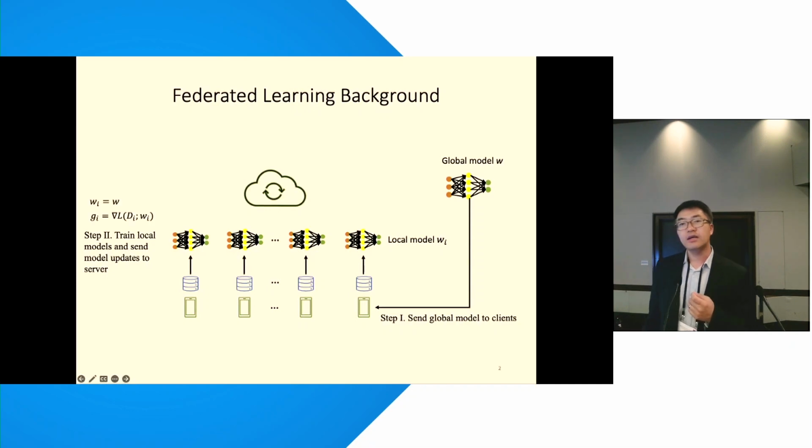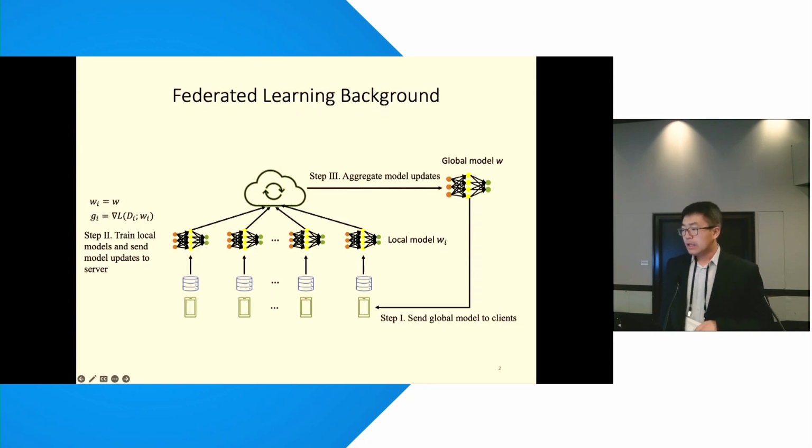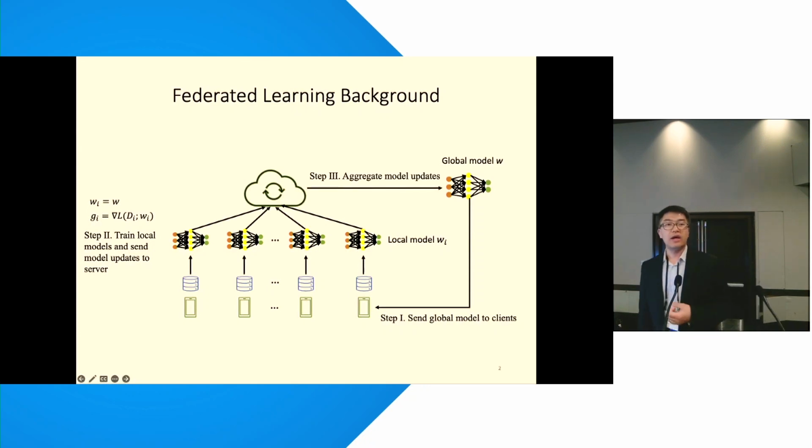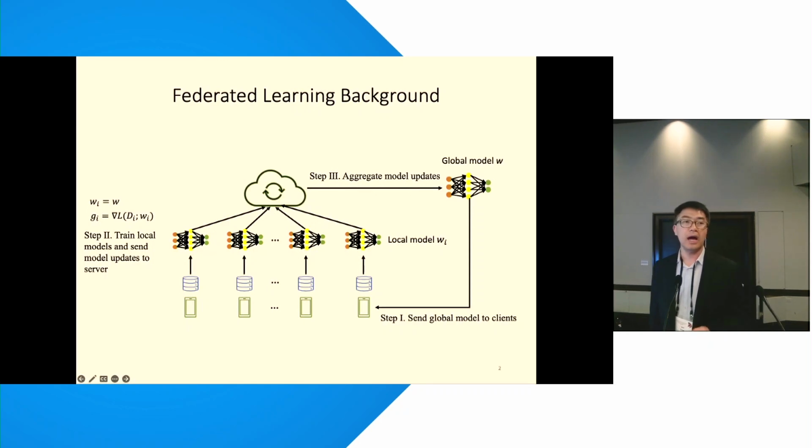Specifically, client I can initialize its local model WI as the current global model W, and then use stochastic gradient descent to iteratively update its local model. After training the local models, the clients send their local model updates to the server. In step 3, the server aggregates the clients' local model updates as a global model update and uses the global model update to update the global model.